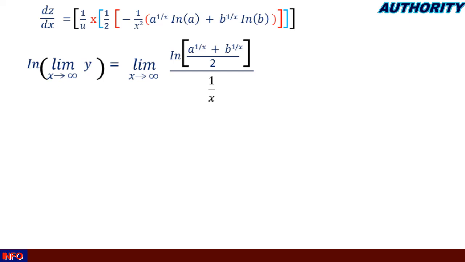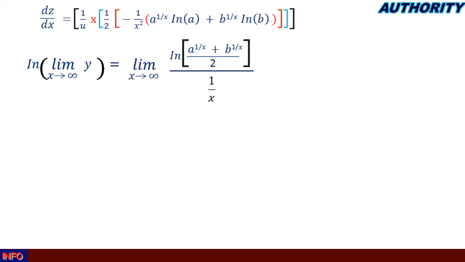We have ln of the limit as x approaches infinity of y is equal to the limit as x approaches infinity of ln of a raised to the power of 1 all over x plus b raised to the power of 1 all over x, all over 2, all over 1 all over x. What we just did is that we differentiated our numerator, and if we differentiate our denominator, that is going to give us minus 1 all over x squared.